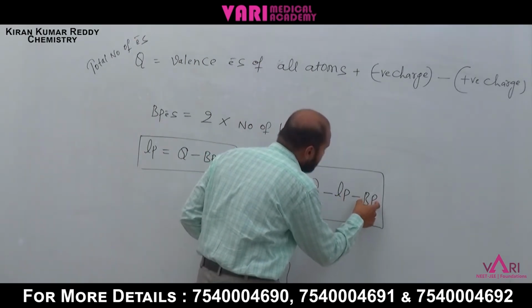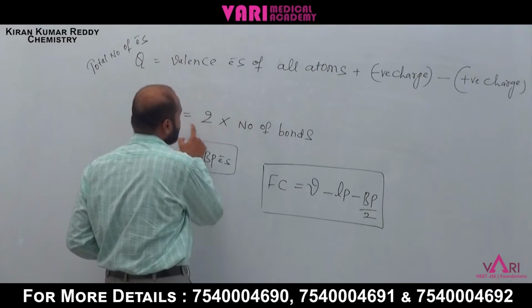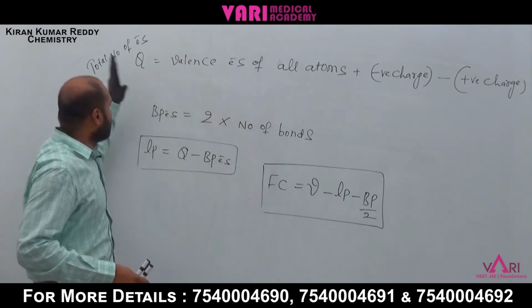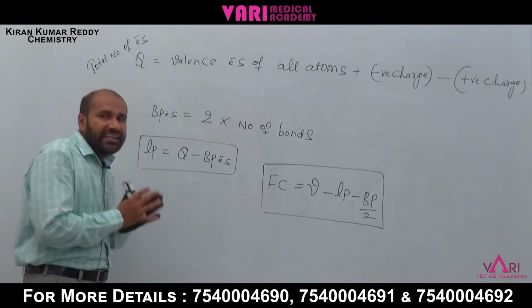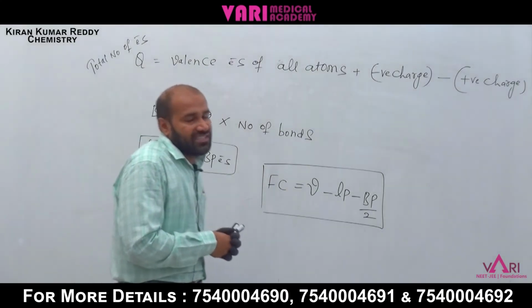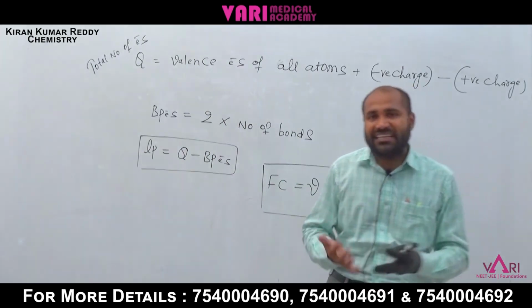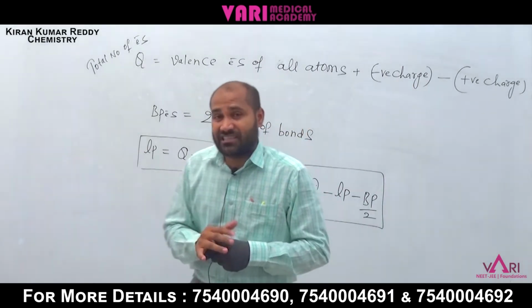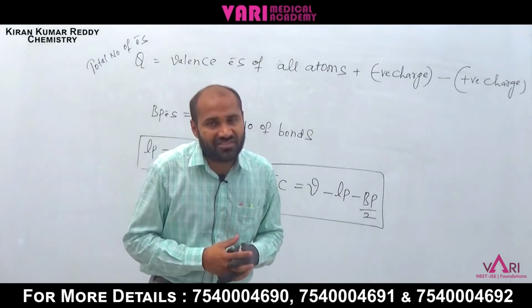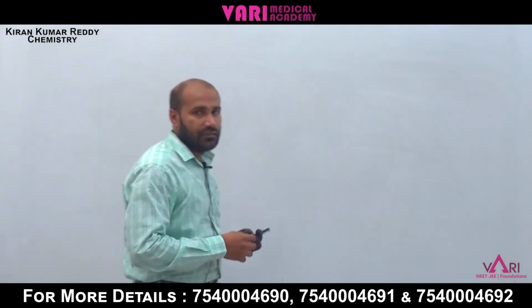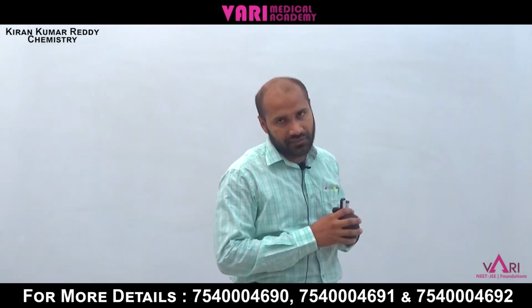Next one is bond pairs. Bond pairs means 2 into number of bonds. Please remember these formulas. They will be useful while you are writing Lewis dot structures. We can start one by one with molecules and write the Lewis dot structures. How to write the Lewis dot structures? One by one we can take the examples. Already I gave the formulas.